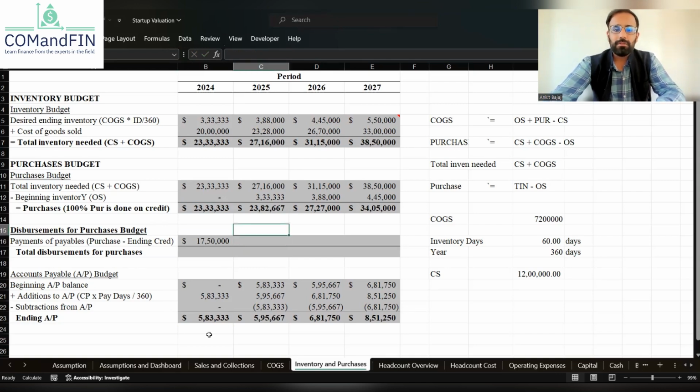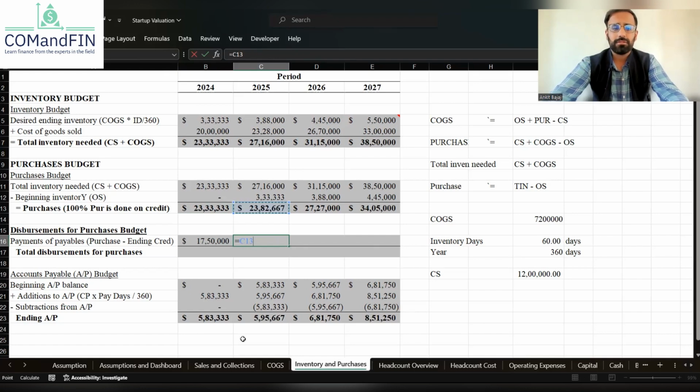Now, if I talk about this year, you have purchased goods of this value. Now, here, how much will you pay? Acha, here in the first year, we have paid this much, which is 23 lakh 33,000 was the total purchase, and this was the closing balance. Okay, perfectly fine. Now, here, if you see, you have purchased goods of 23 lakh 82,000.